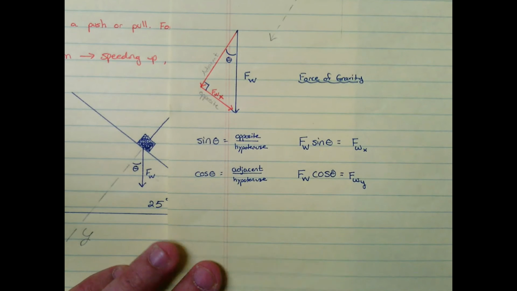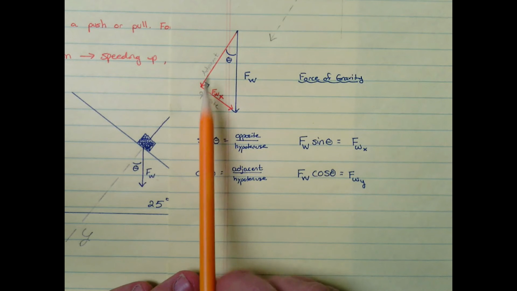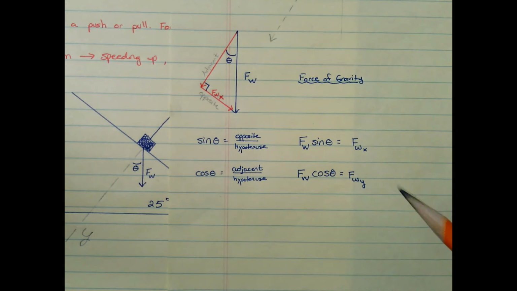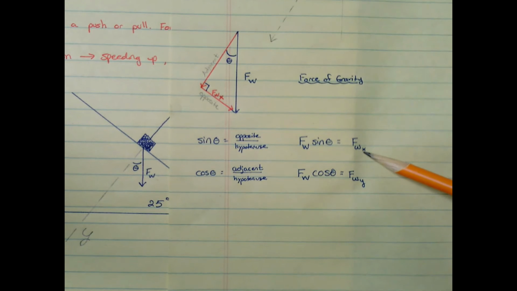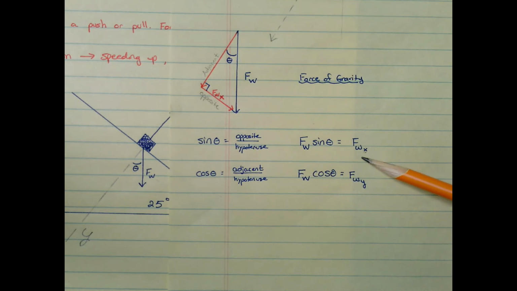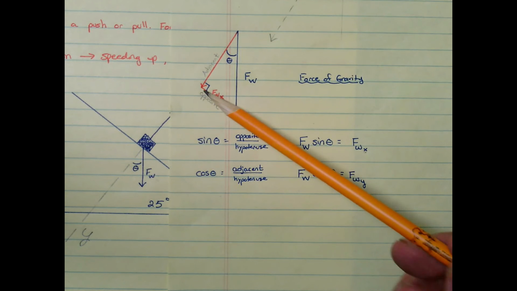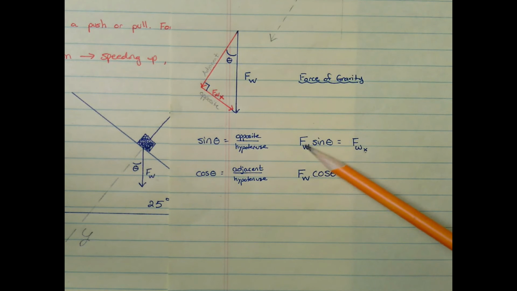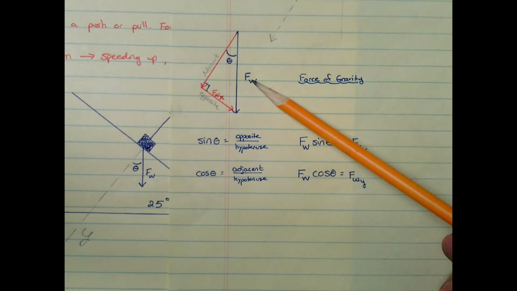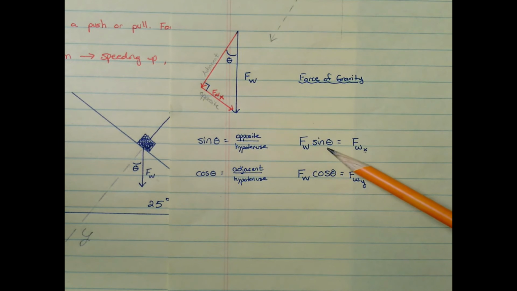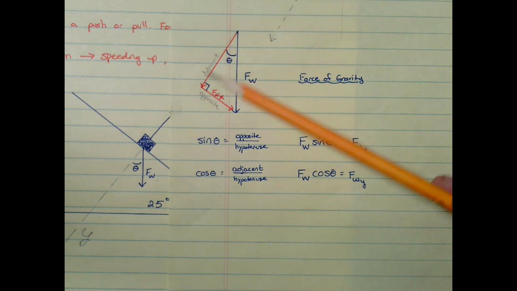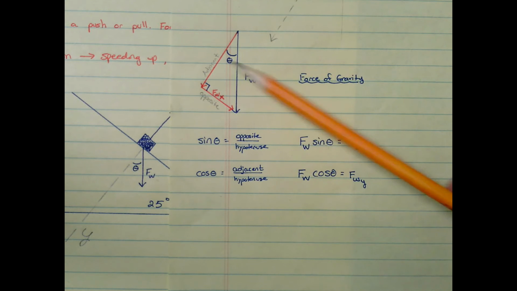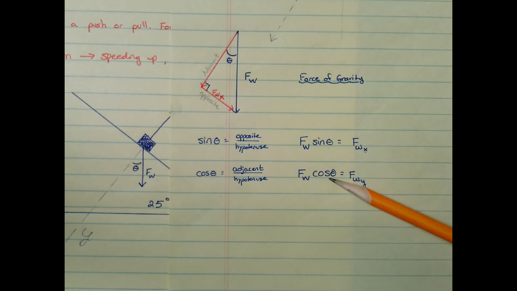What ends up happening is if you were to use your trigonometry, you would see that FWX, which is this value here, is really the hypotenuse, FW, times the sine of 25 degrees, or the sine of theta. And this adjacent side is going to be FW cosine theta, like so.